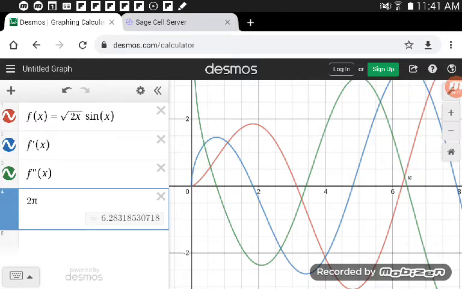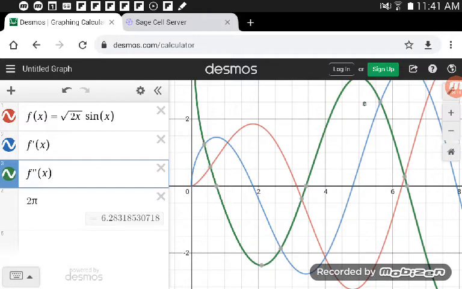And so here the green one, the second derivative, is positive all through there, and then negative all through here. So it's positive there, concave up, or relative minimum, relative maximum here where the second derivative was negative, and then again positive over here and concave up again. So we've got those concavities.